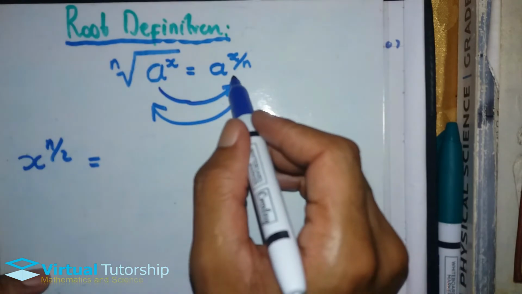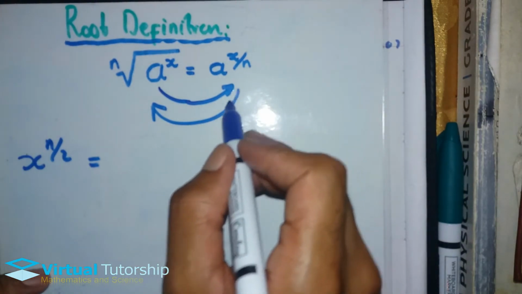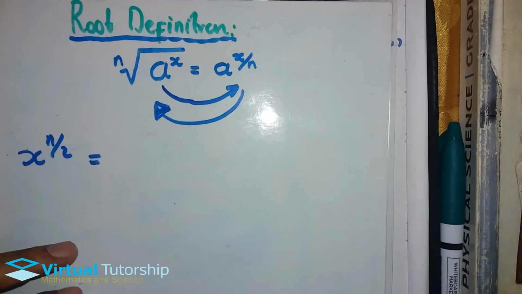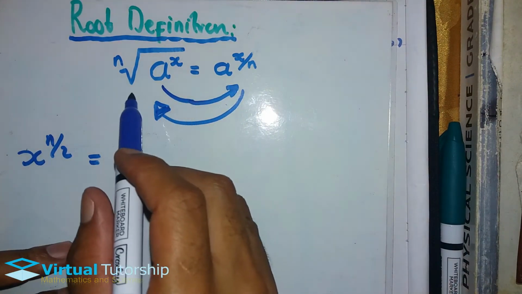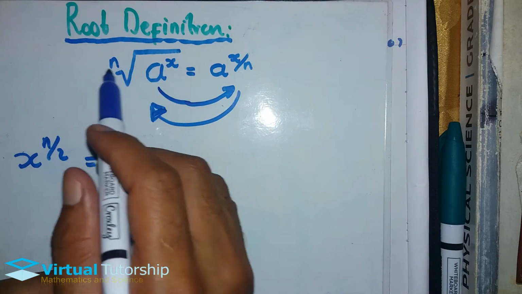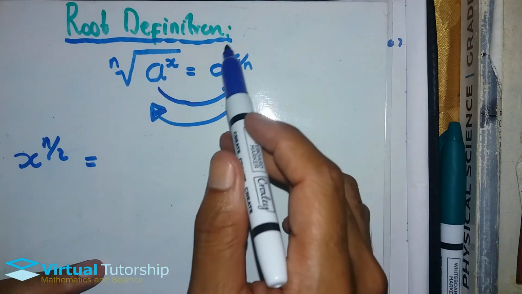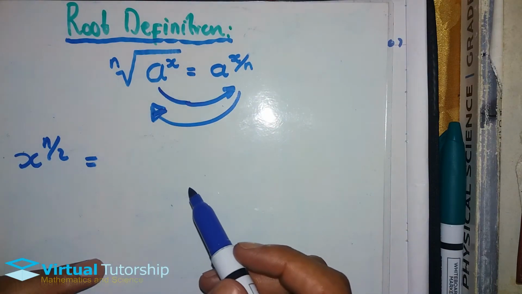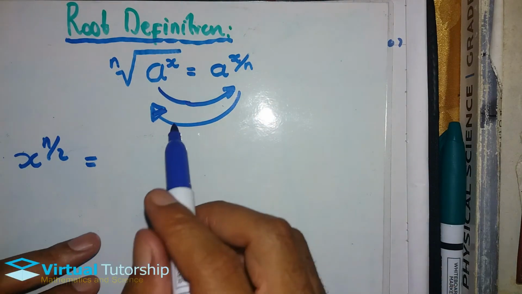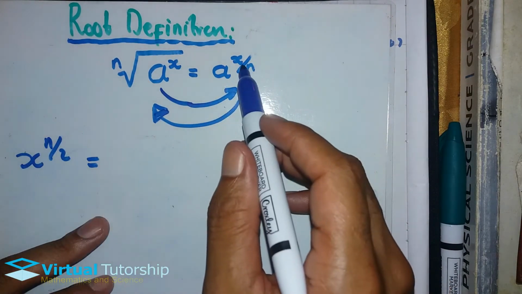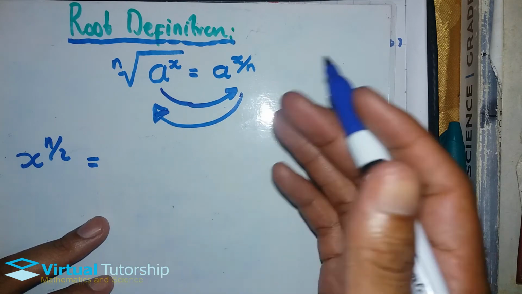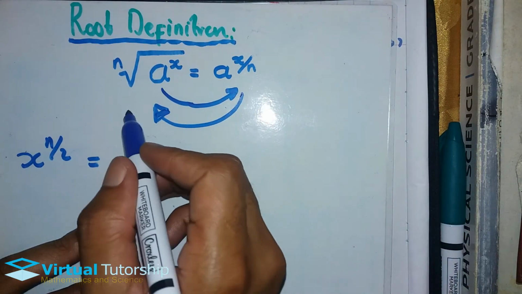This thing, I'll go backwards. On the previous examples we were given a root to change it to a rational exponent, or a fractional exponent. So now that we have a fractional exponent, we go from the right all the way up to the left.